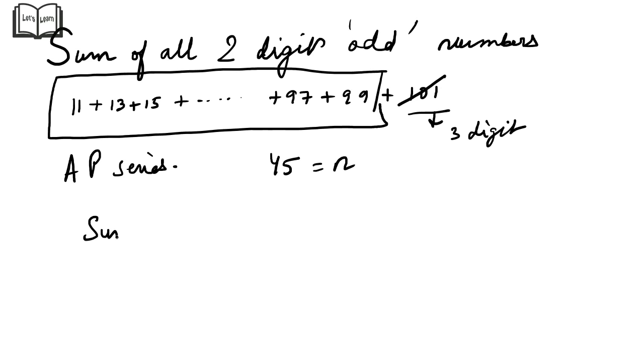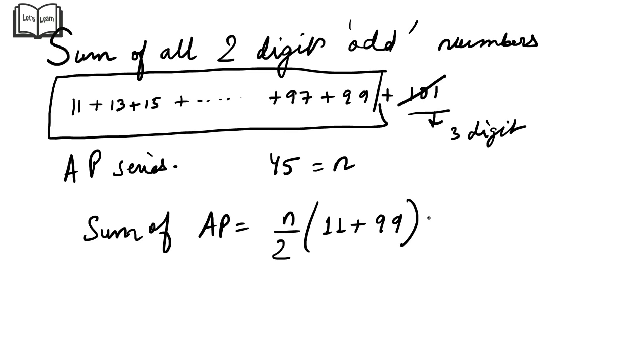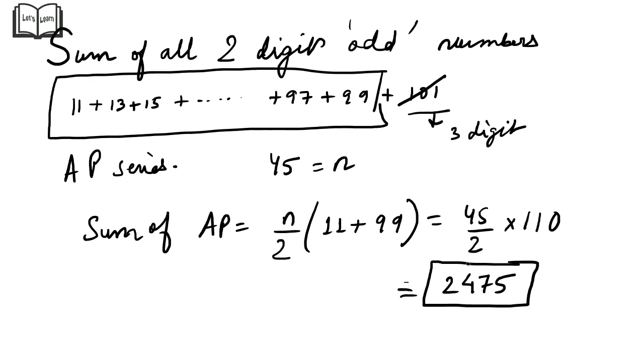So the sum of AP is equal to n by 2, first number, that is 11 plus 99. So it will be 45 by 2 into 110. So the value would be 2475. So this is the answer of this problem.